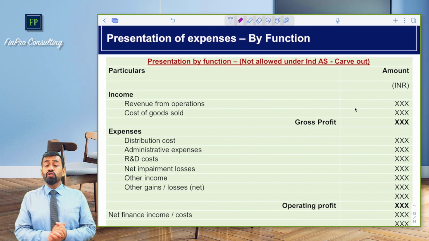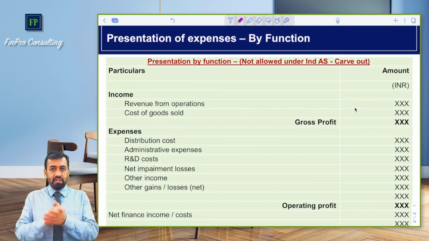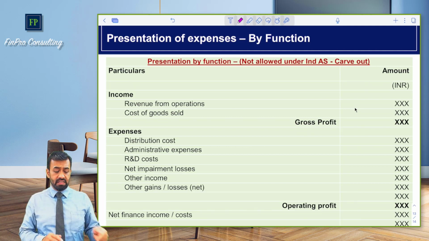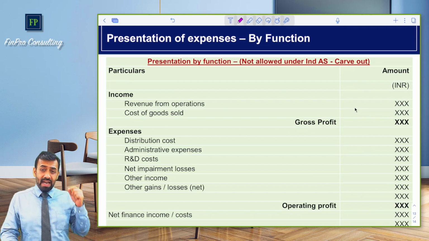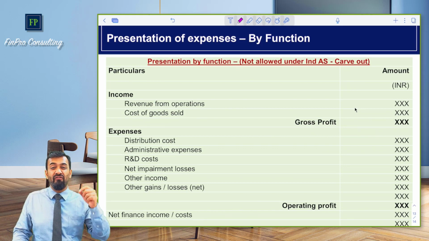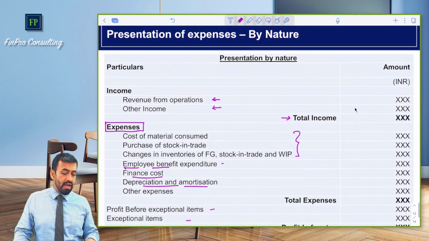I was speaking about two differences or carve outs under Ind AS from IFRS. The first of those is this. Ind AS does not allow Indian entities to present their expenditure by function. You will always have to present them by nature.